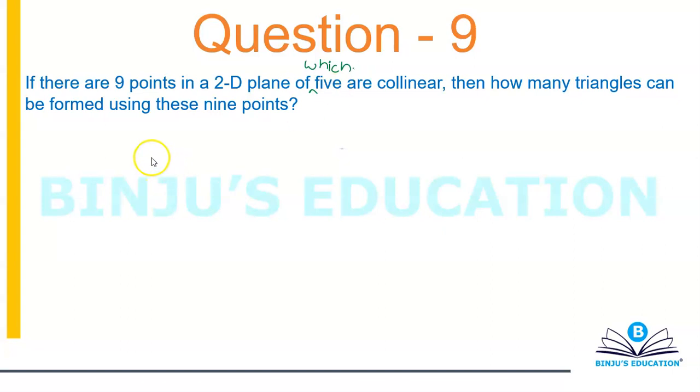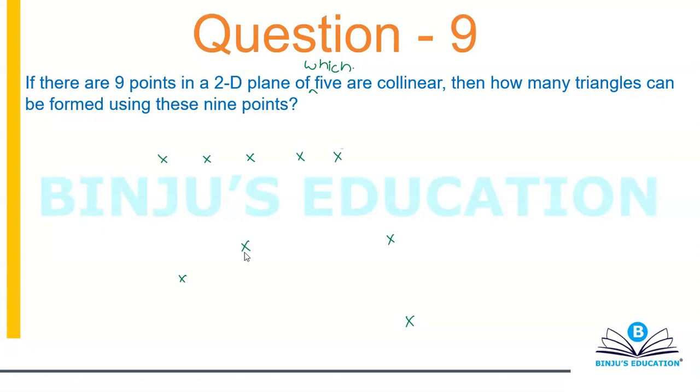Okay, so 5 are collinear: 1, 2, 3, 4, 5, and the remaining 4 will be something like this. Or let me remove this one and make it somewhere here. Then how many triangles can be formed using these 9 points?